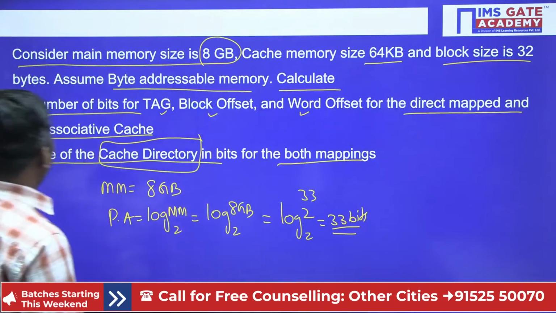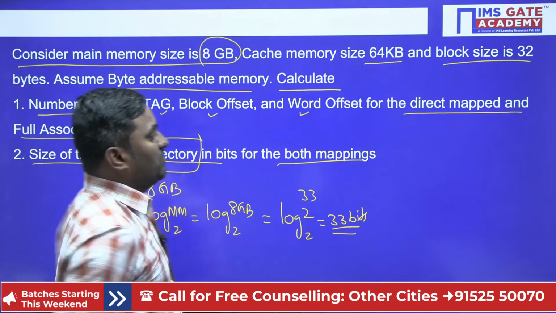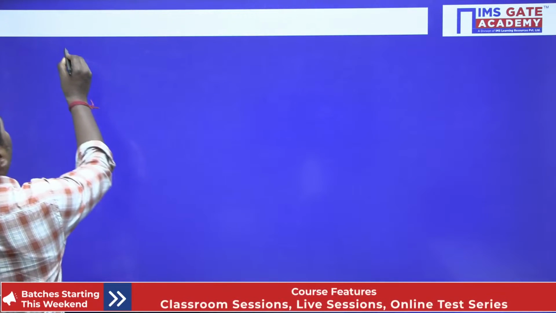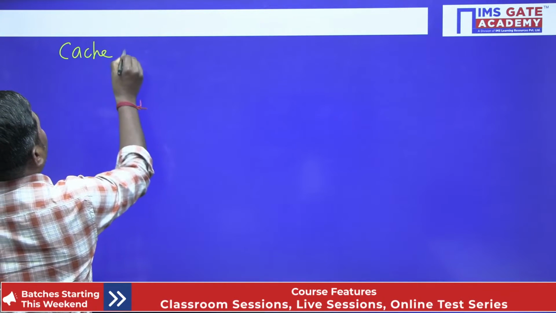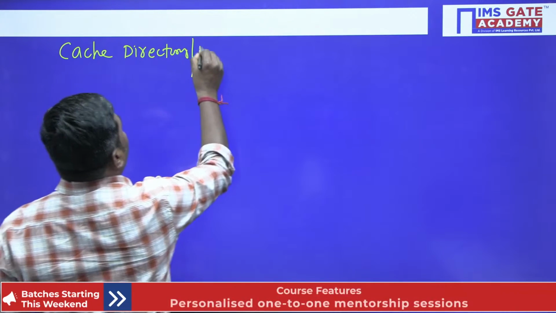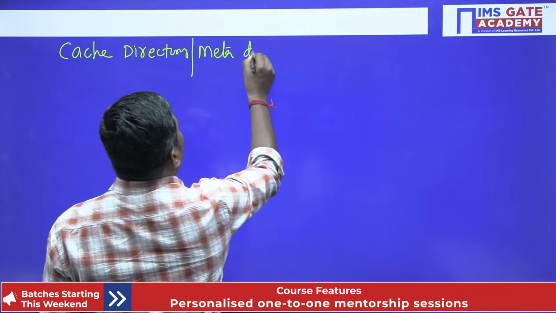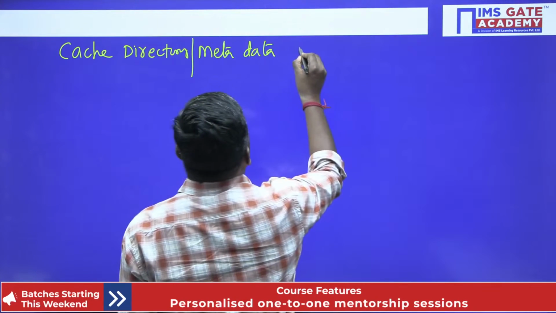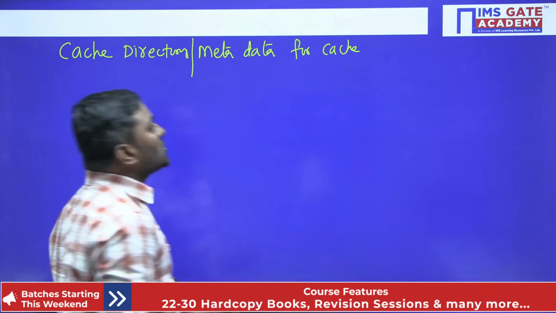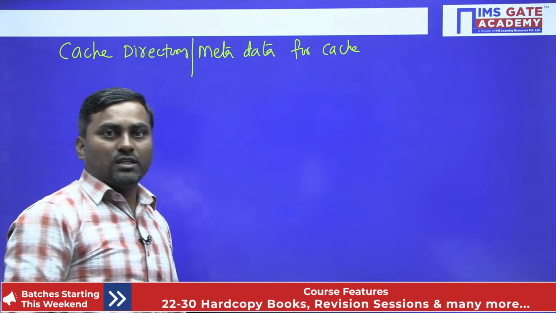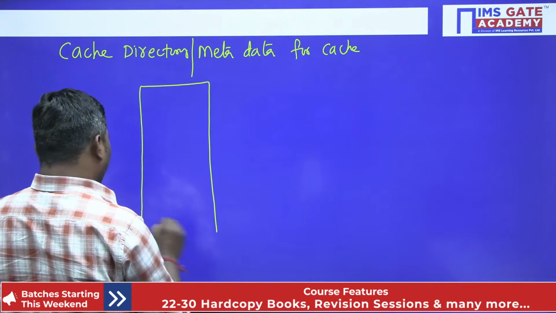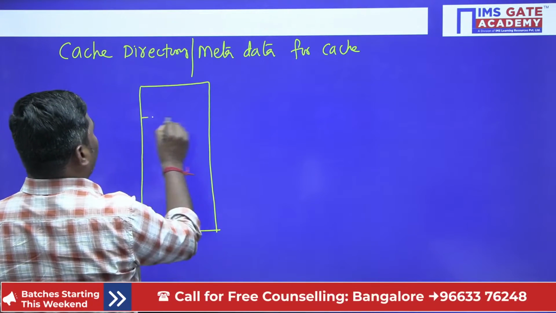Another question they asked is the size of the cache directory. What is a cache directory? Sometimes they ask for metadata for cache, or metadata for cache controller. All the terms are the same. Observe clearly: this is a cache memory, and cache memory has a set of blocks.